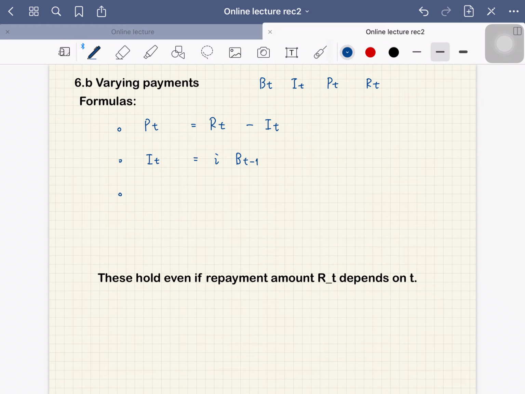The third relationship is balance at time t is previous balance minus principal repaid this year. Last time we used these formulas for level payments, but even if payments are not level, these hold in general.